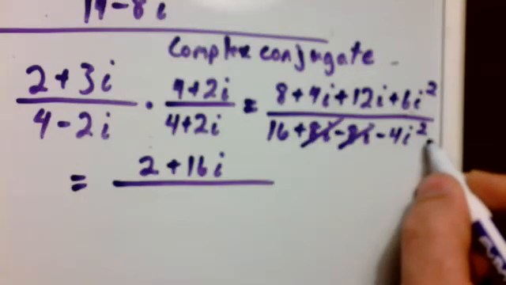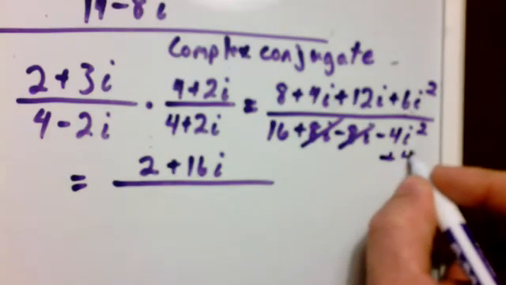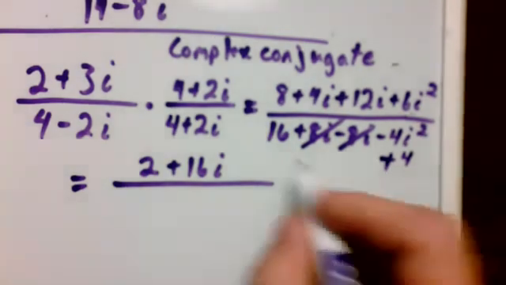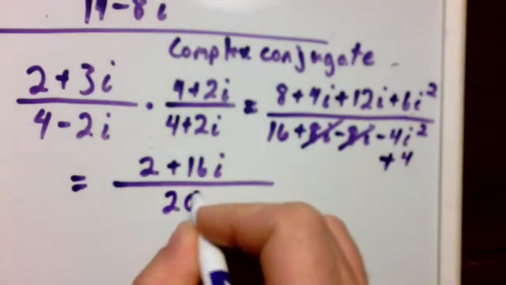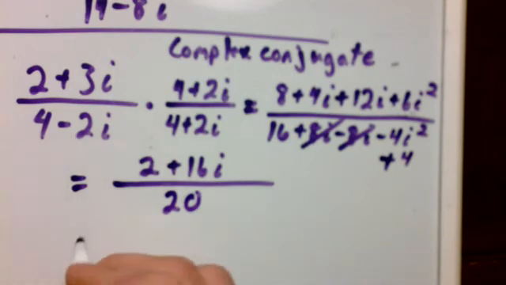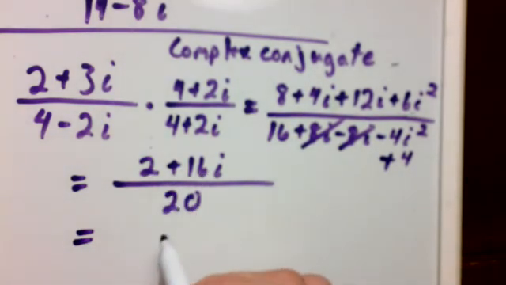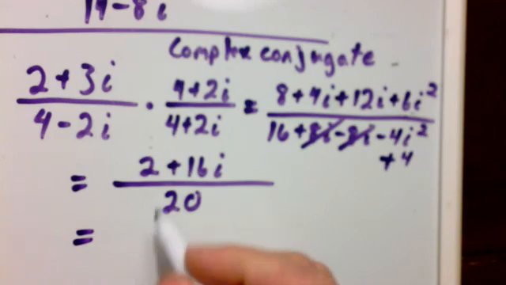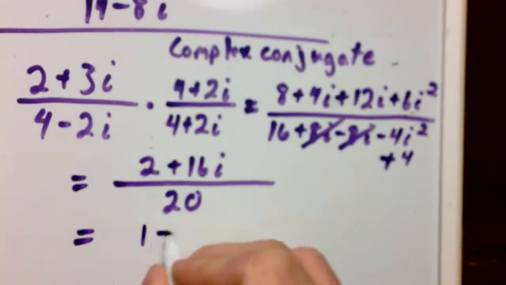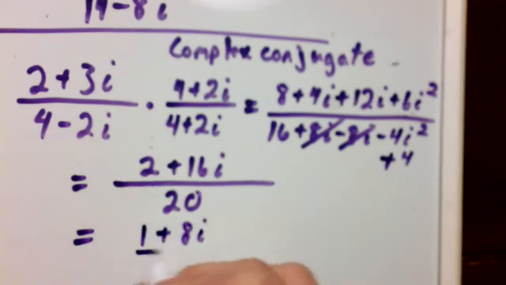So negative 4 times negative 1 becomes? Plus 4. So that part's going to become plus 4. So 16 and 4 is going to become 20. Now, this reduces because 2, 16, and 20 all are multiples of 2. So I can reduce that to 1 plus 8i over 10.